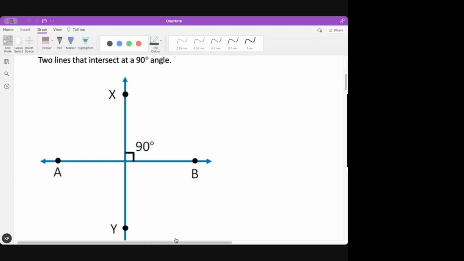So never, never, never assume that lines are perpendicular unless you get that little block or an actual 90 degrees written in numbers. Or the third option is if you have a shape like a triangle and you know the other two angles, you can work it out and then you'll know that it is 90 degrees.